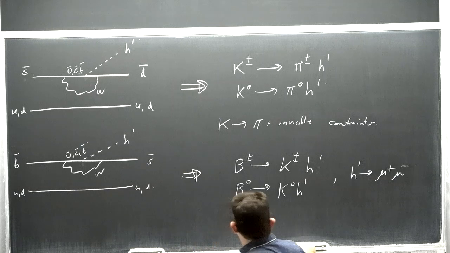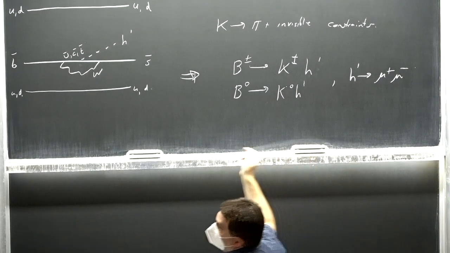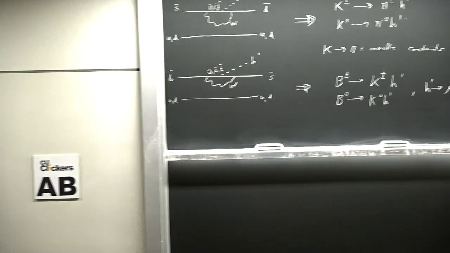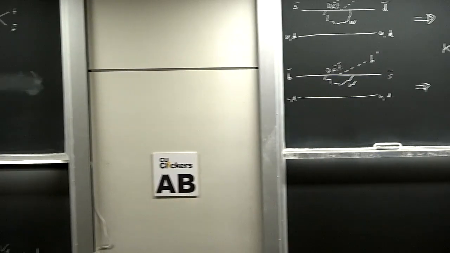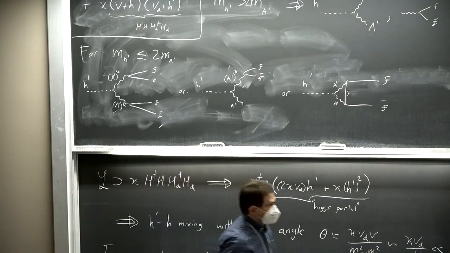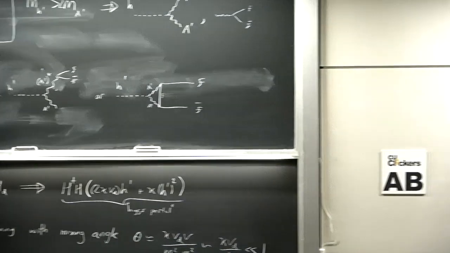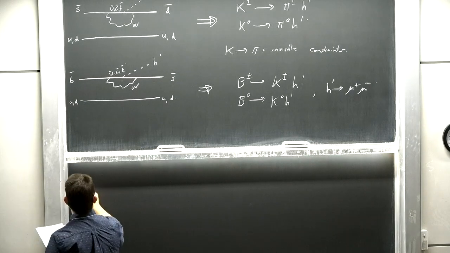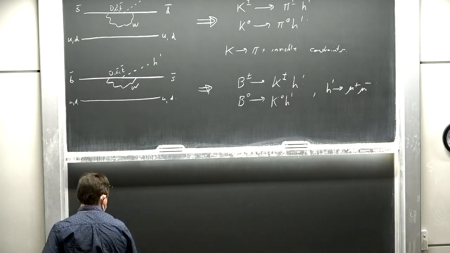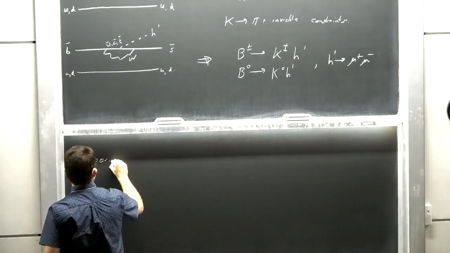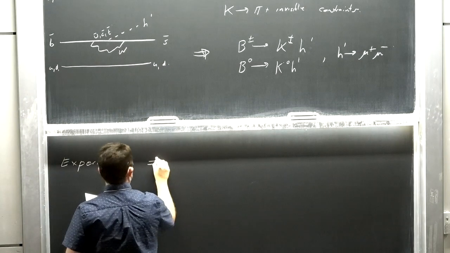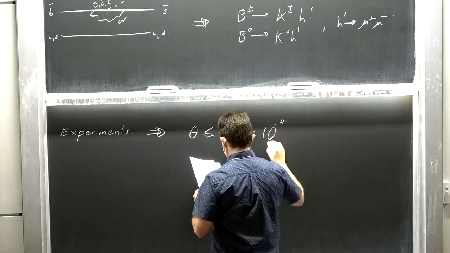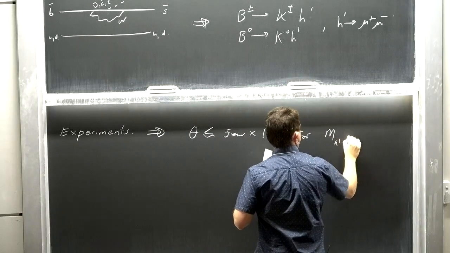Okay, so all I want to say here is that under the assumption that the dark Higgs U1 vector types of interactions can be ignored, either because you're thinking about a model with just a dark Higgs and nothing else, or because these couplings are tiny, existing constraints for B decays to kaons plus mu minus pairs and kaon decays to pions plus invisible suggest, so I'm not going to name all the experiments, I'm just going to refer to them as experiments, and I think there are some plots that Natalia might show, potentially, that theta should basically be smaller than a few times 10 to the minus 4 for M H prime less than a few GeV.